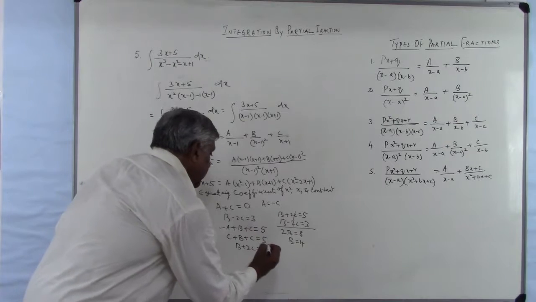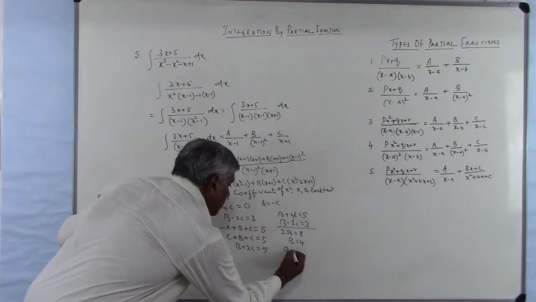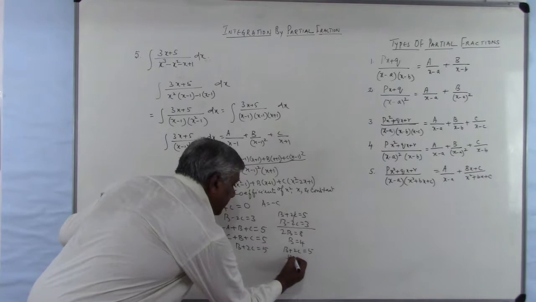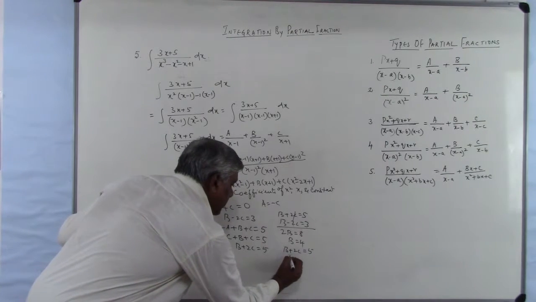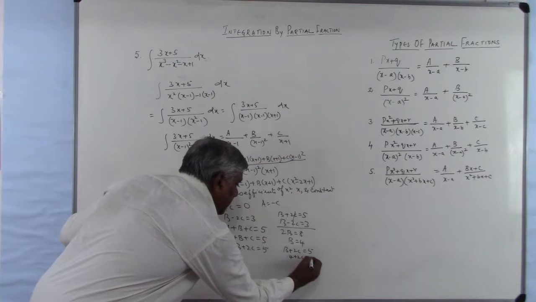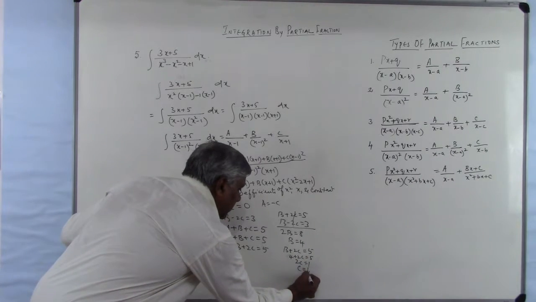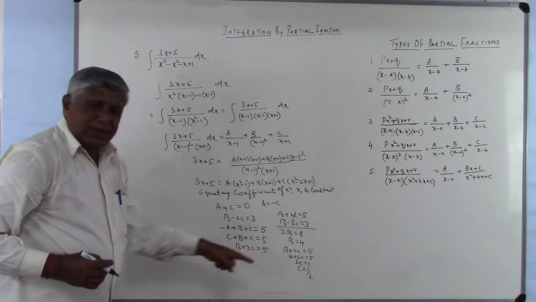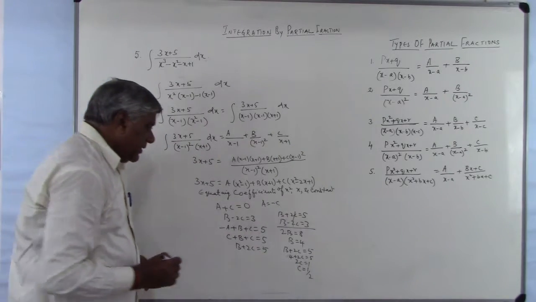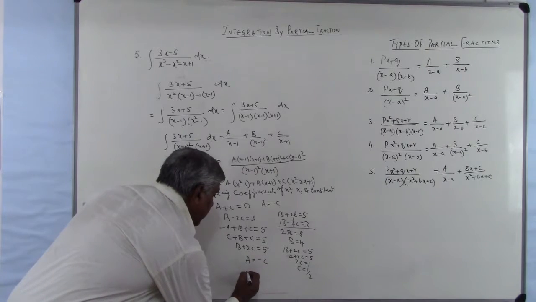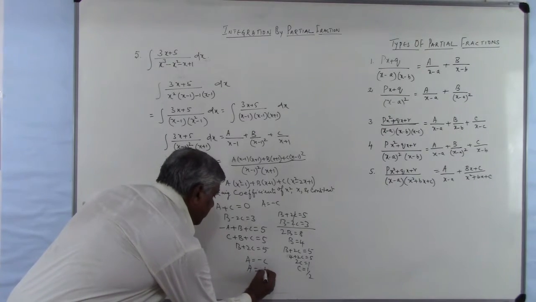Now here b plus 2c is equal to 5, or 4 plus 2c is equal to 5, or 2c is equal to 1, c is equal to half. Therefore, a is equal to minus c, is it not? Therefore, a is equal to minus half.